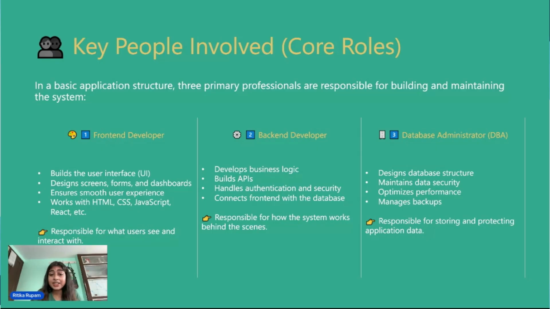What does a back end developer do? He writes the logic of the application. He also handles the APIs and the networking connectivity so that the front end and the back end can connect together. And what does a database administrator do? They design the database, maintain data security, and optimize for performance so that there will be faster updating, deletion, and retrieval of the data from the database.